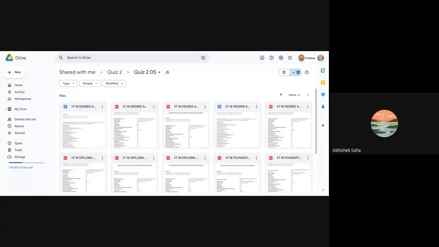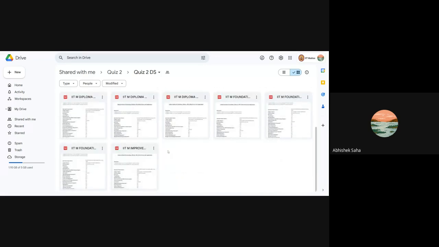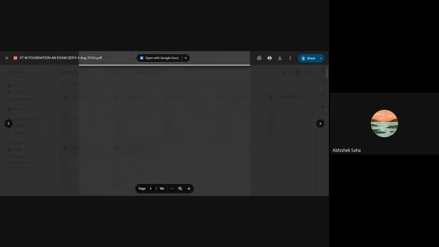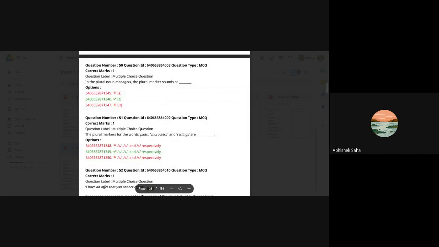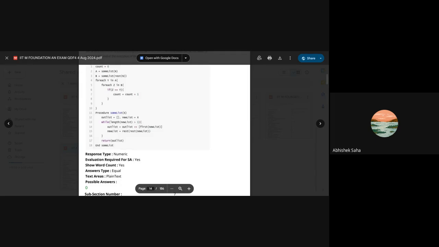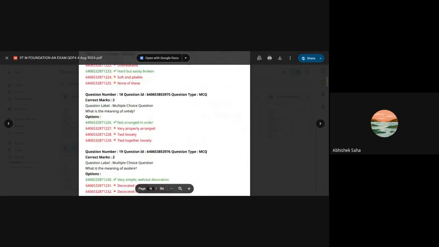Is it visible? There are many PYQs. You can see there is a section for IITM Foundation. Just click on this and go through the pages. Go through the maths page, maybe it is on 26 or 28. No, it is not on 25. After English, it is maths. Just scroll, you have to do a little hard work to find the PYQs.